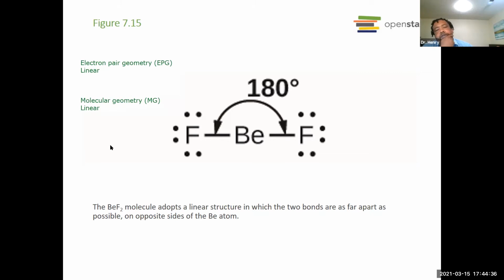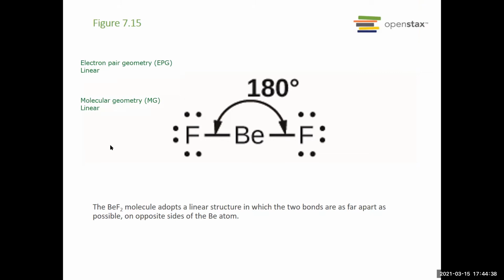Okay, good so far? So you're saying the electron pair geometry has to do with the electrons, and the molecular geometry is like how the structure would physically look? Yes, in a sense.